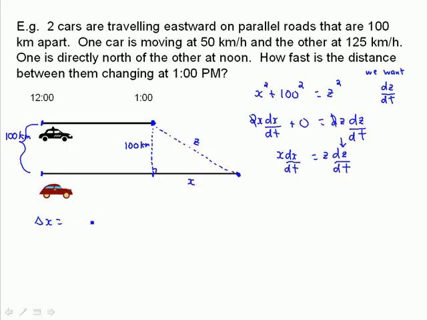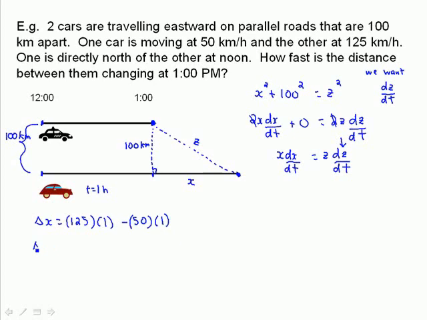Keeping in mind that the speedier car goes 125 kilometers an hour, if we multiply that by time equal to 1 hour, which is how much time has elapsed, that's how far the red car has gone, minus the distance that the taxi's gone, which is 50 kilometers an hour multiplied by 1 hour.